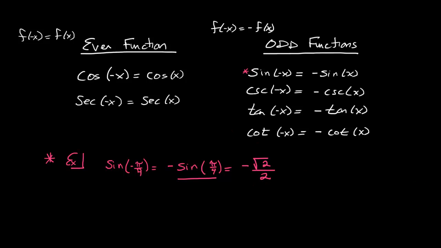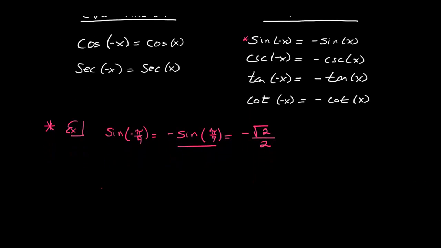Let's say that I asked you to evaluate cosine of negative pi over 4. And you're like, oh, I don't want to remember what cosine of negative pi over 4 is. I don't want to look at my coordinate plane and recognize that I'm going clockwise pi over 4. If you have negative pi over 4, your coterminal angle will start revolving in a clockwise direction.